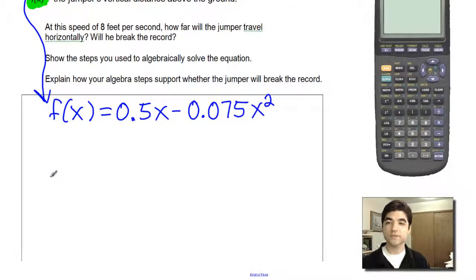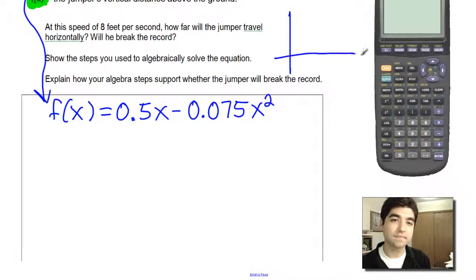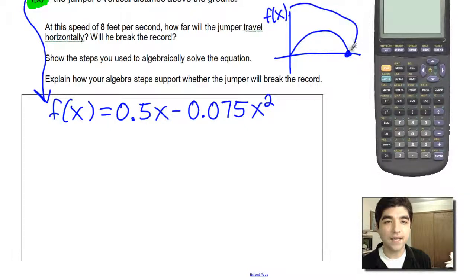Now we're wondering if the jumper will break the world record. Now remember, if he's going to travel 29 feet, let me draw my graph again. What is the f of x going to be at this point? Well, it's 0 because he's landed back on the ground.